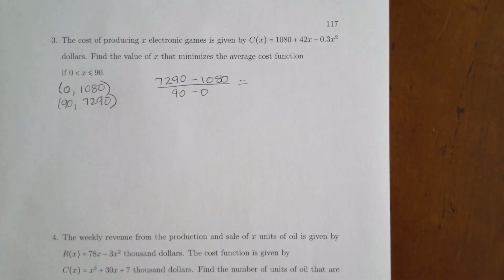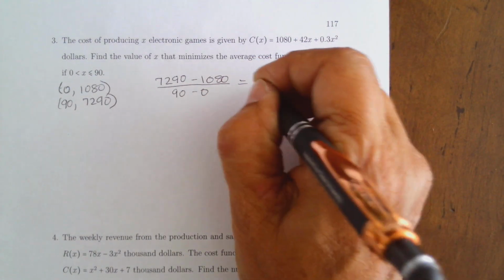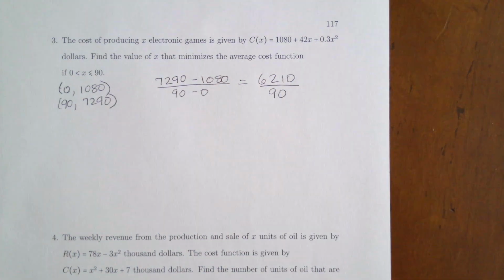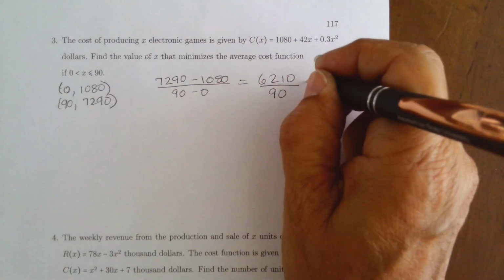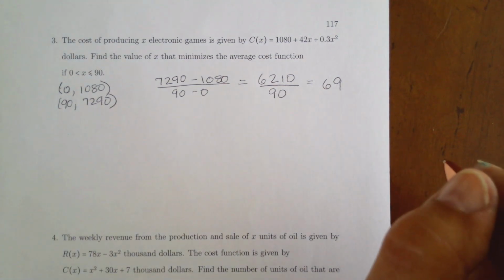Okay, so 7290 minus 1080, 6,210 over 90. And I'm going to divide that by 90. So we get 69. Okay, so there's the slope of your function.